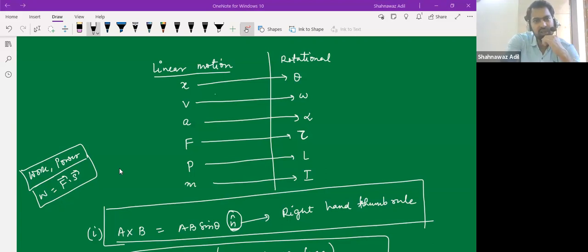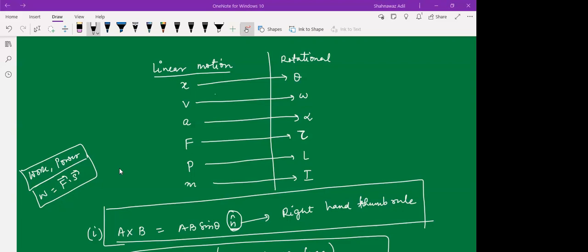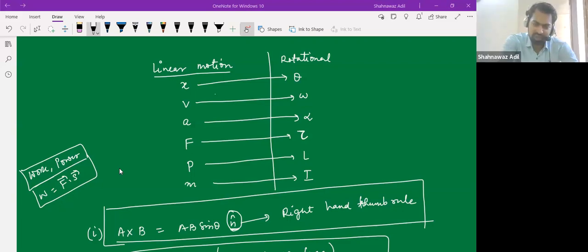And in work, energy and power you have the work energy theorem, and then collision. Collision is a little bit difficult. I will talk about that also.